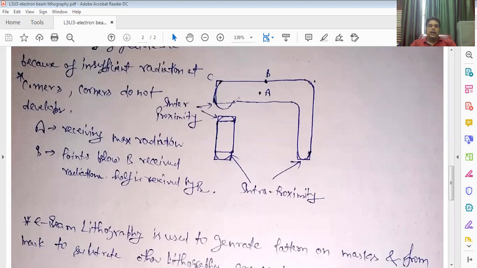Again, in this region, I will have a pattern that is due to the swelling. So this is known as interproximity. Now there is another term, intraproximity. Intraproximity basically comes here also at the corner points. You were expecting an L-shaped pattern and you are getting this curve-shaped pattern due to the lack of electron beam radiation. So this is the problem that is associated with electron beam lithography.